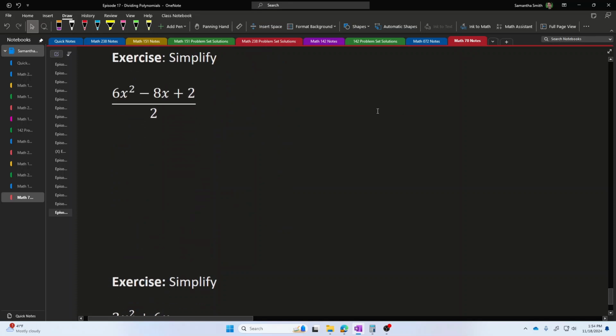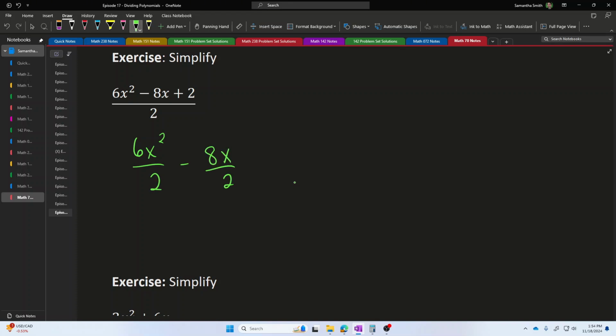Let's try it again. Suppose I had 6x squared minus 8x plus 2, and I wanted to divide that whole quantity by 2. Once again, I can just go ahead and divide each term by 2 separately. Now, 6 is the same thing as 3 times 2.